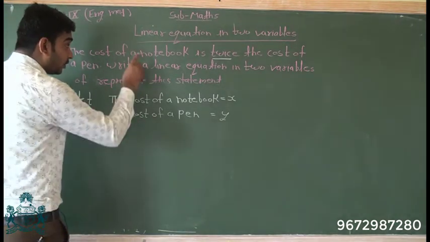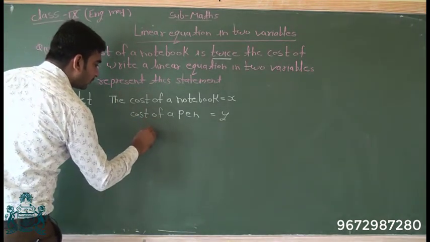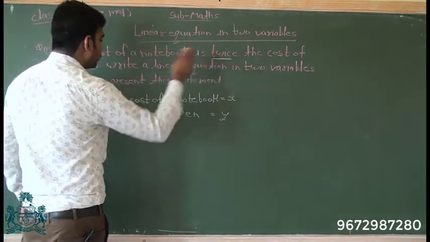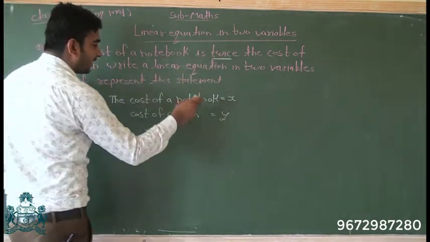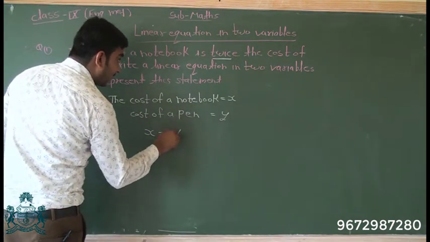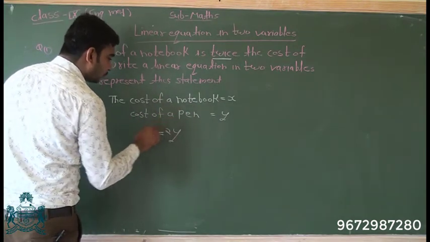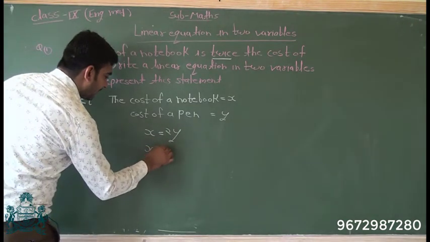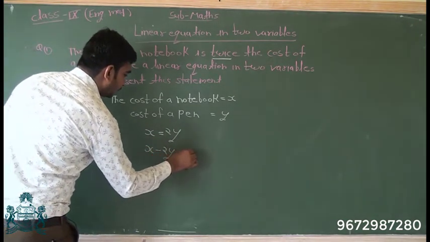According to the question, the cost of a notebook, x, equals twice the cost of a pen. The cost of a pen is y, and twice the cost of a pen is 2y, so x equals 2y. Transferring 2y, x minus 2y equals 0.